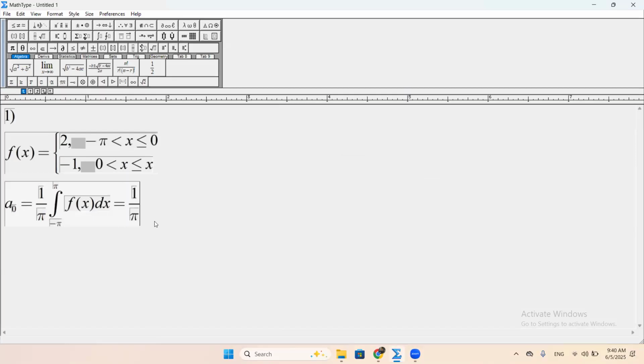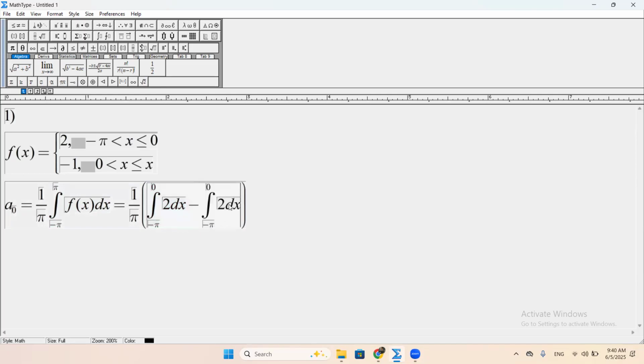So what we will have, 1 over p, integral from minus p to 0 of 2 dx, and minus integral from 0 to p.